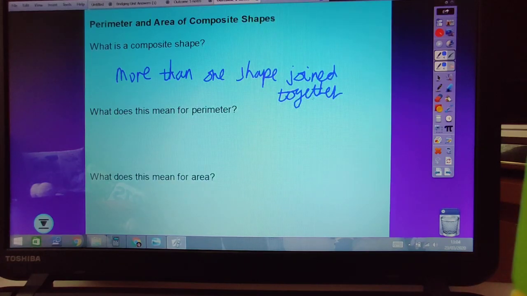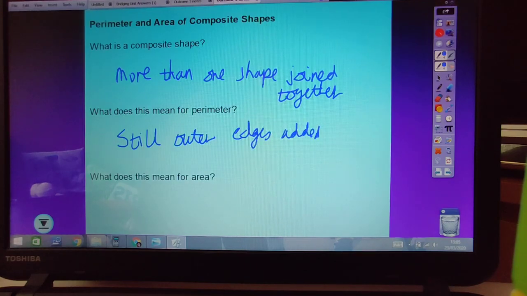What does it mean for perimeter? It means you only count, as we said already, any lines on the edge. So it's still the outer edges added.